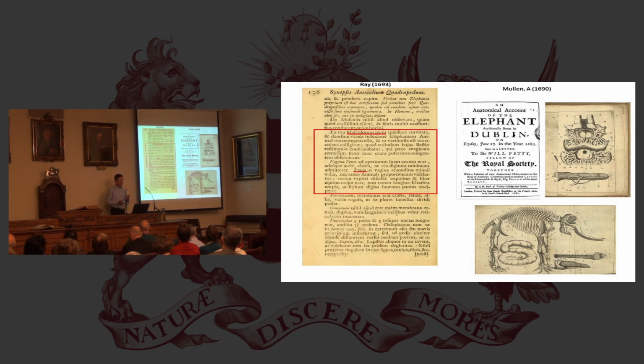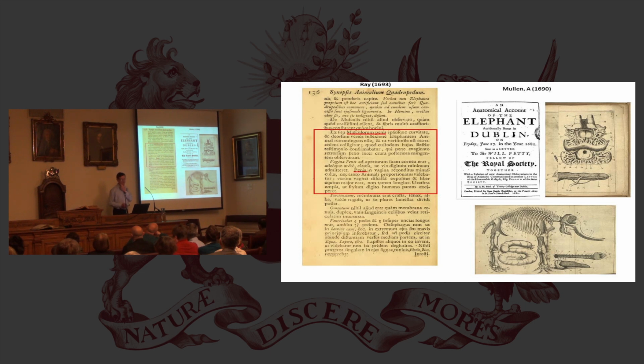And it turned out that the section about the penis, among other parts of Ray's text, had actually been lifted from an account of another elephant published in 1682, an anatomical account of the elephant accidentally burnt in Dublin in the year 1681.